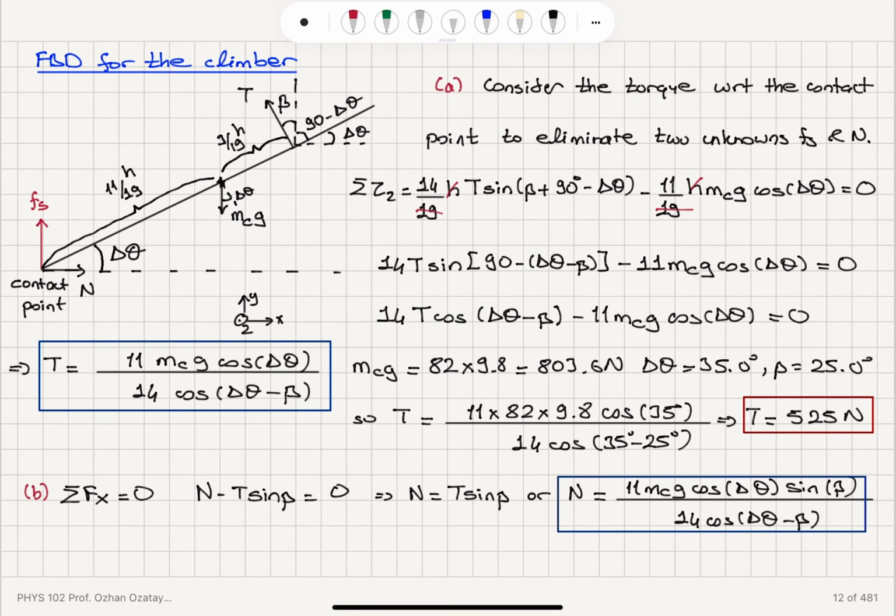That's the symbolic answer. Now, if I substitute the numbers, the normal force is equal to tension times sine of 25 degrees, which gives me a normal force of 222 newtons.